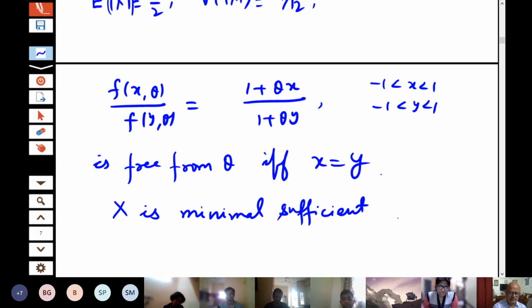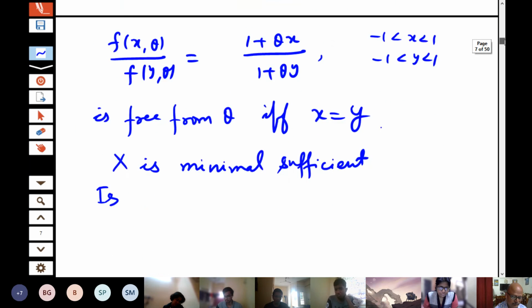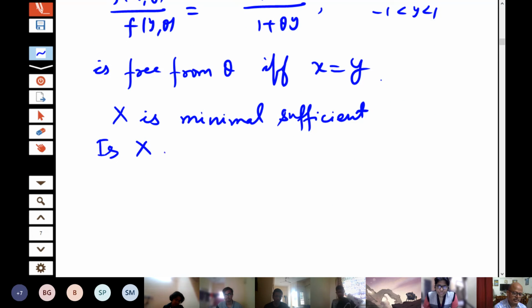Now the next question is, is x complete? The minimal sufficient statistic, is it complete?